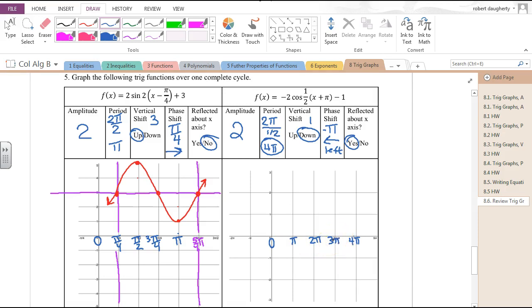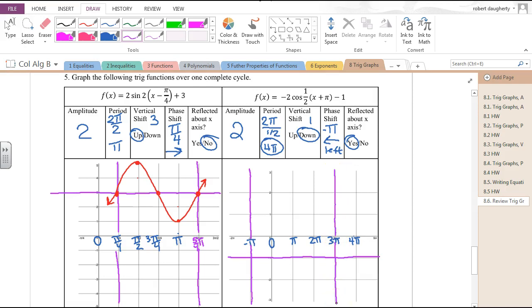My vertical shift here is down 1, so let's draw a line here down by 1, and I've shifted to the left by pi. So what that means is, here's negative pi, so I'm going to shift this cosine to the left by 1. So instead of going from 0 to 4 pi, I'm going from negative pi to 3 pi. So you see where I need to graph this.